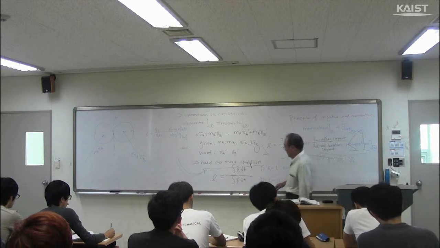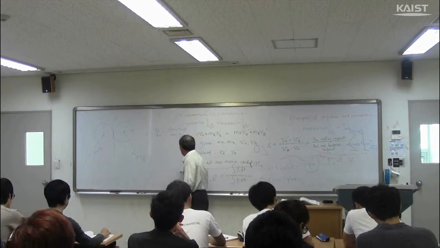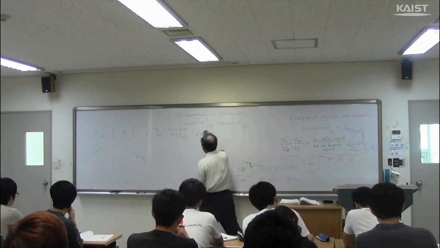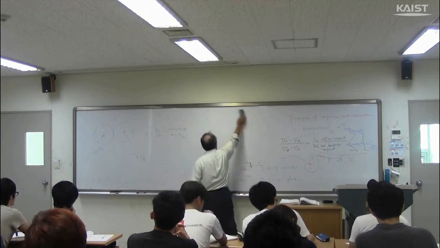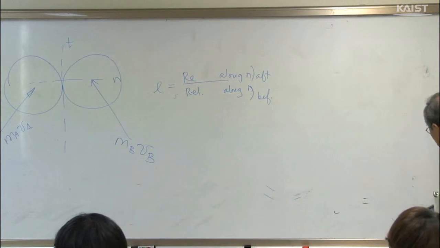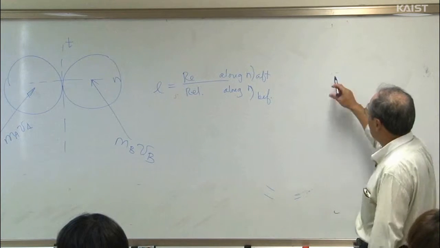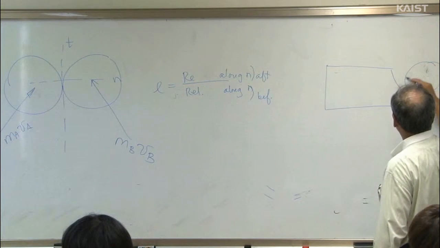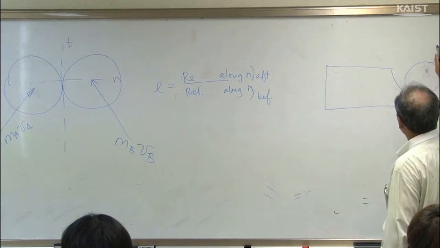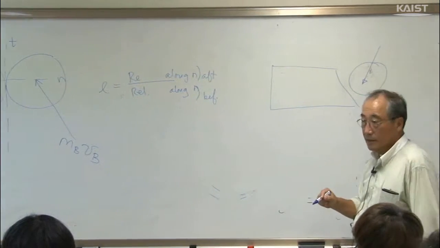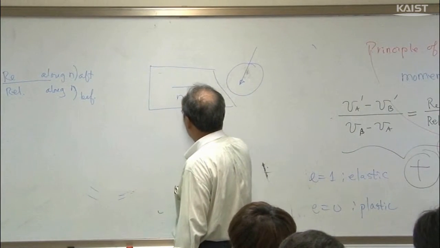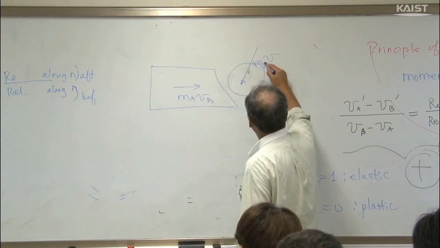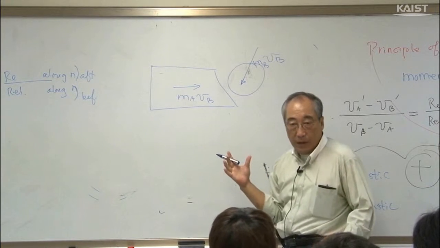For example, as described in the text, there is a box and a mass, this is moving in some direction, and that was moving with momentum, and this is moving with momentum v.